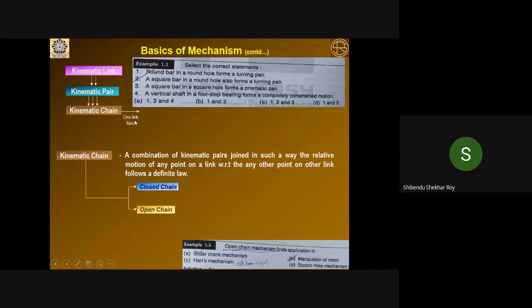Now, kinematic chain is again classified into two groups: the closed kinematic chain and the open kinematic chain. Till now, the two examples I have mentioned, the 4-bar linkage, are examples of the closed kinematic chain, where all links are binary type. So the last link is also connected to its first link.